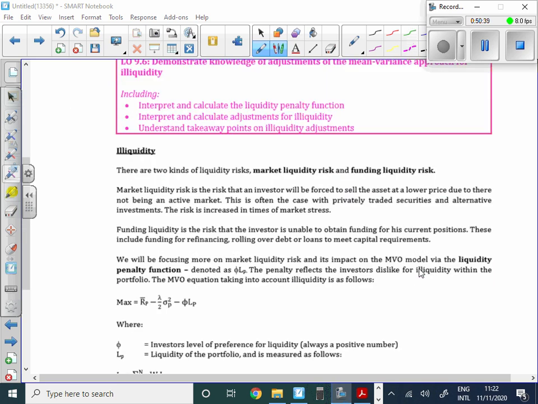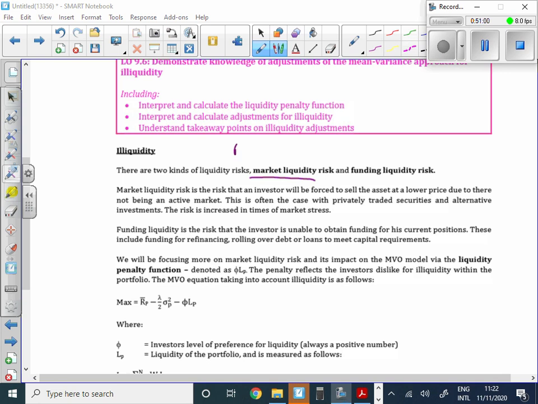We know the two major kinds of liquidity, guys. There's market liquidity. Market liquidity is when an investor will need to sell his asset for perhaps a lower price than what he would have liked to, because the market just is not there. How would we know about market liquidity?